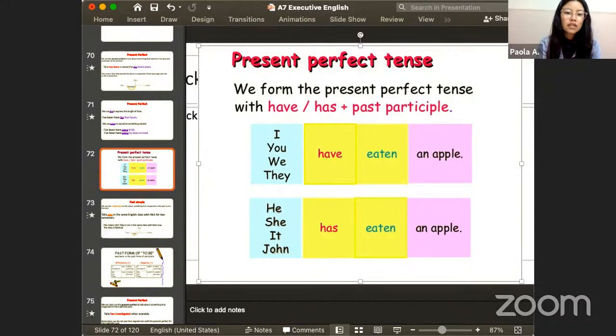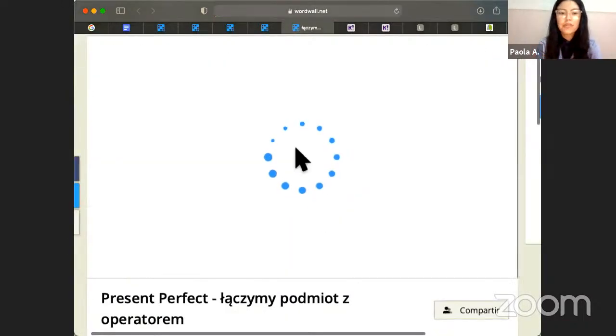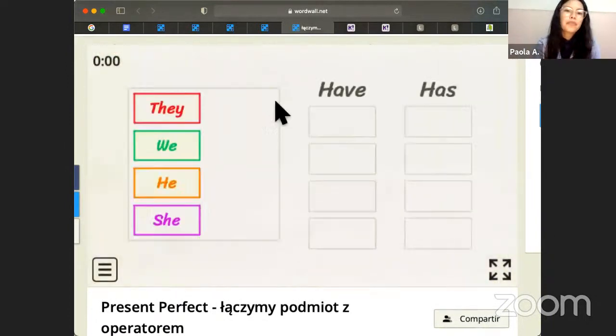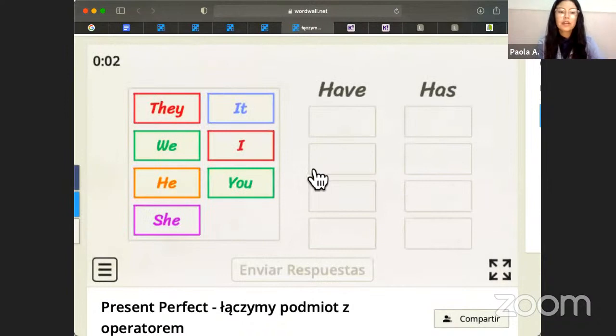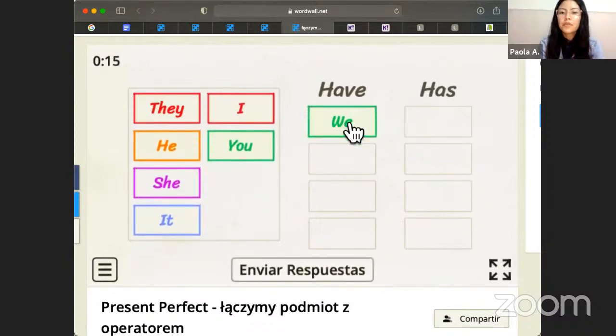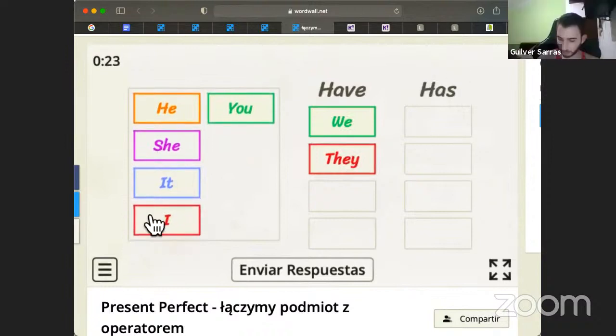Let's see, we already did this with Joanna. Let's do it one more time just to practice if you remember. So let's start with Gilbert. Okay, which of these subjects uses have? Can you mention one of them, Gilbert? They have, we have. Okay. Can you mention one more? They. All right. Now, Adriana, which one uses has of these subjects?